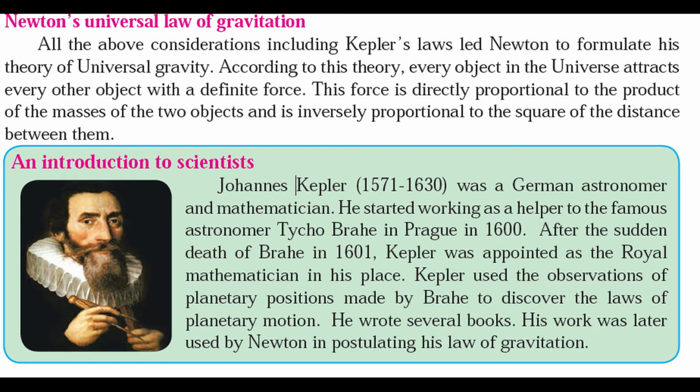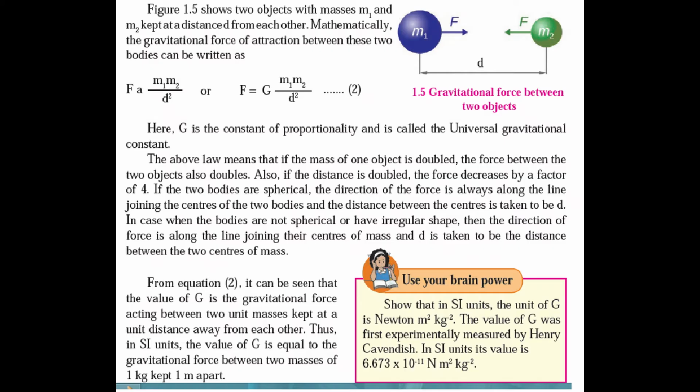After the sudden death of Tycho Brahe in 1601, Kepler was appointed as a royal mathematician in his place. He used to observe the planetary positions made by Brahe to discover his own laws of planetary motion. And he's written lots of books. His work was later used by Newton to postulate his laws of gravity. So very interesting work done by Johannes Kepler.